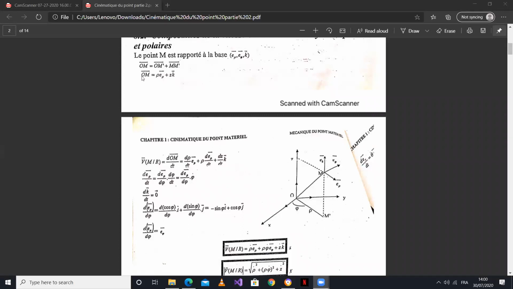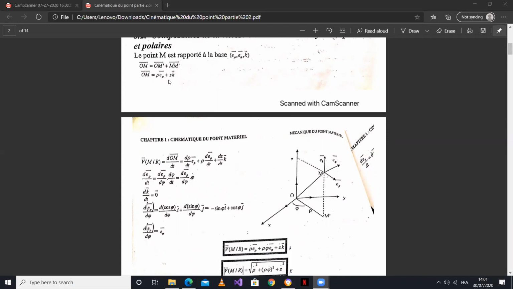That was our expression for OM. And we know that the vitesse or the velocity is simply la dérivée of the vector position par rapport au temps. So V égale à d de OM dt.